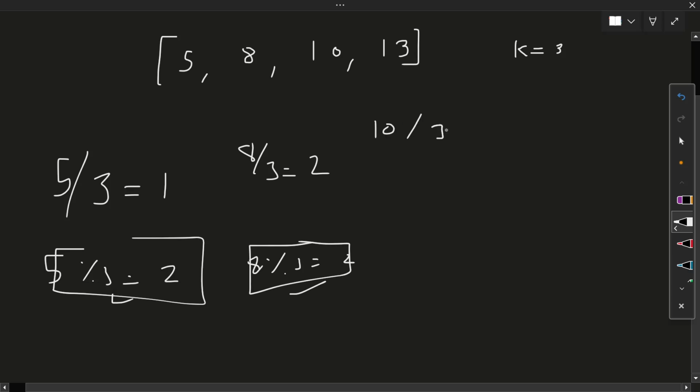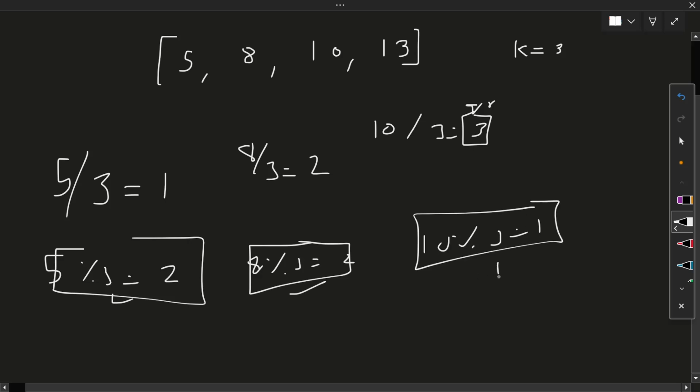For 10, 10 divided by 3 is 3. 3 is the quotient. And if we find our remainder, yes, we have a remainder. If there's a remainder, we need to consider one extra step, else we just consider the quotient. So here we have 1 plus 1 for this remainder.